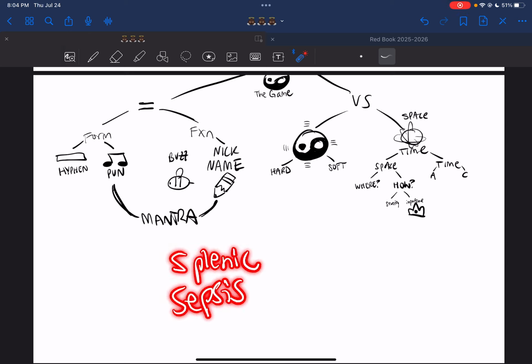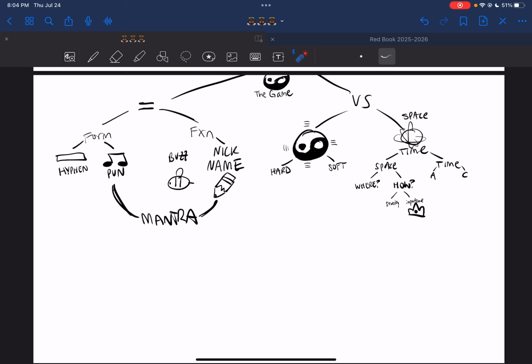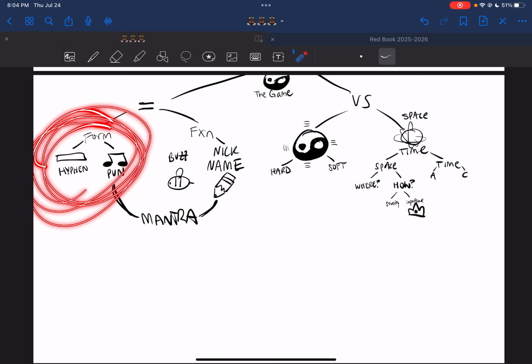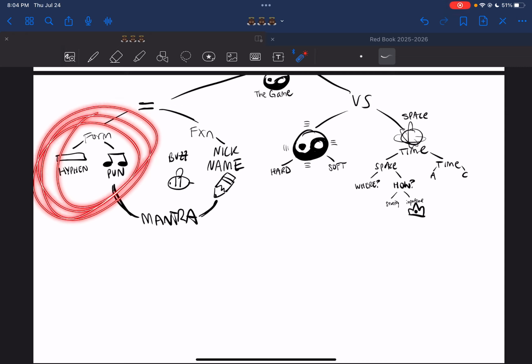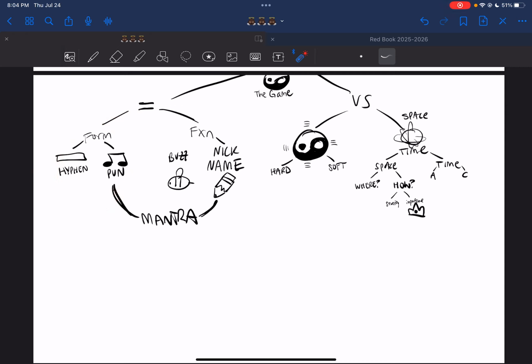The other thing that falls under equals is these function things. Instead of manipulating the language to make the terminology easier to remember, it has to do with the actual meaning of the words. So for instance, nickname is a really important one. Basically, the point is that I will give things a nickname.